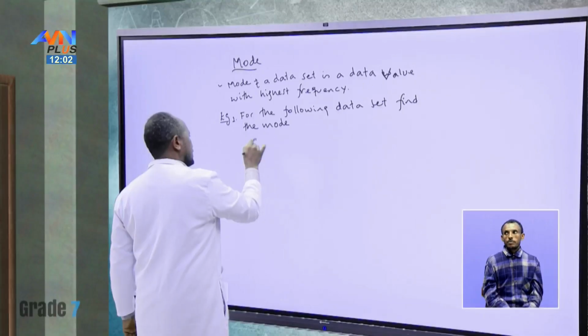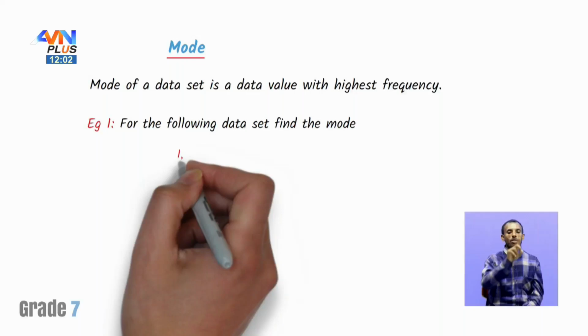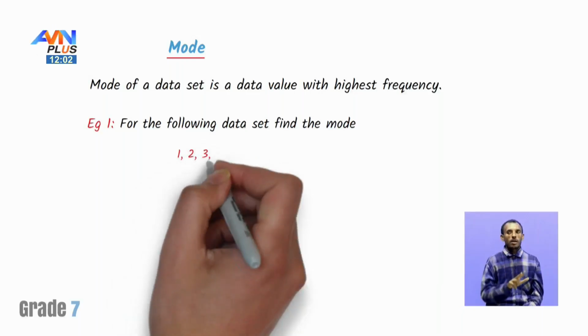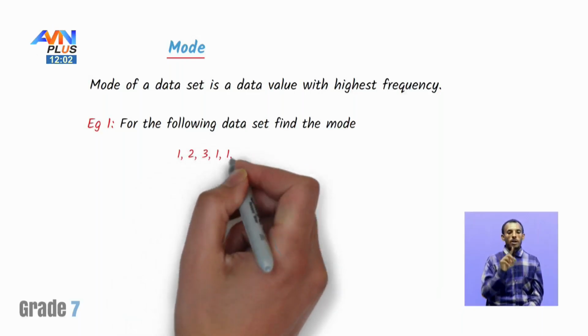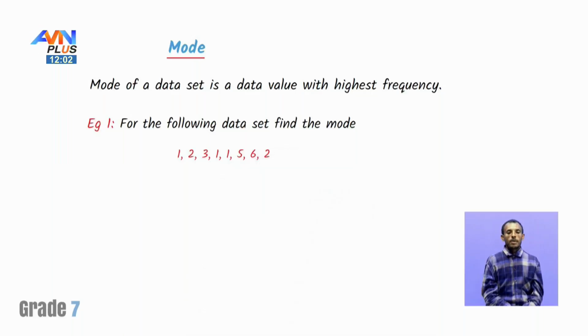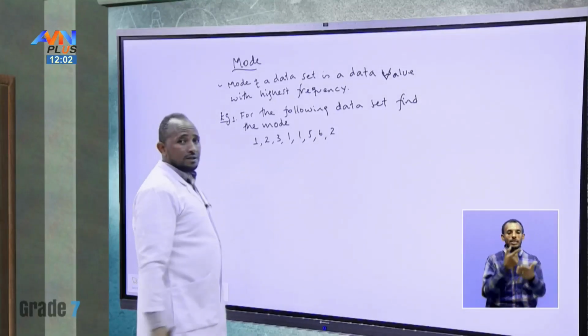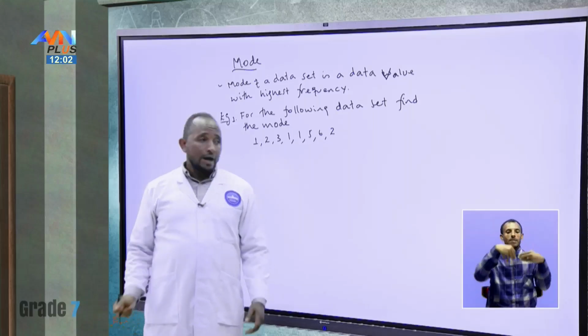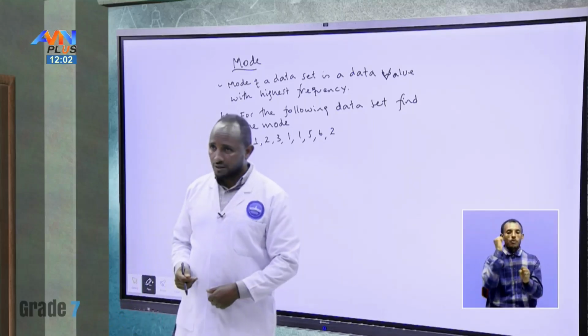Here is the data: 1, 2, 3, 1, 1, 5, 6, 2. This data set is given. So we are asked to find the mode of this data set.